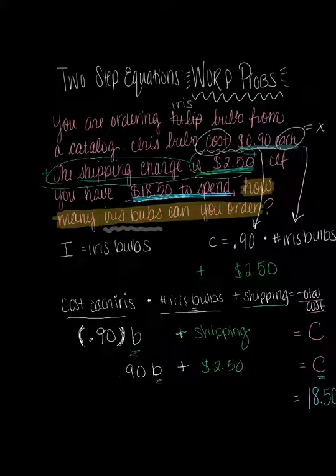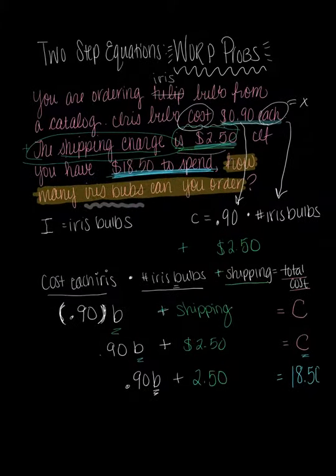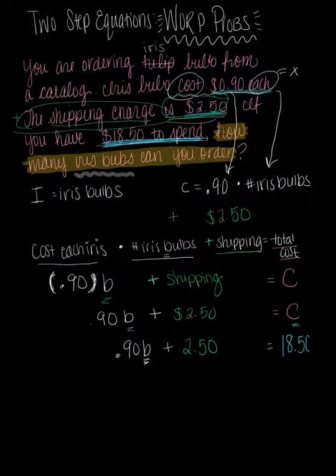And I'm going to set that equal to this problem here. 0.9b plus $2.50. And I now get to solve for the number of bulbs that I can buy if I have $18.50 to work with. All right, pause me and see if you can solve this on your own. And let me know when you're ready to check your work.